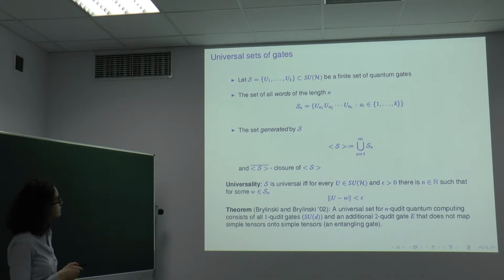So let us assume that we have a set of finite gates denoted by U1 to UK, and that they are one-qubit gates. If we compose much more of these quantum gates than classical, right?